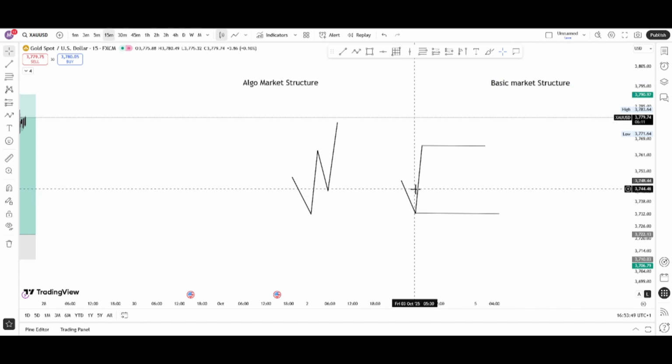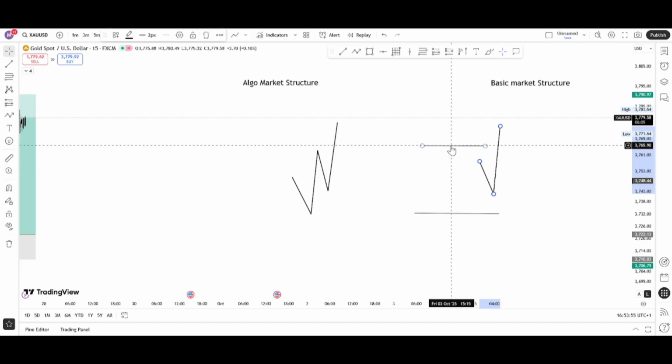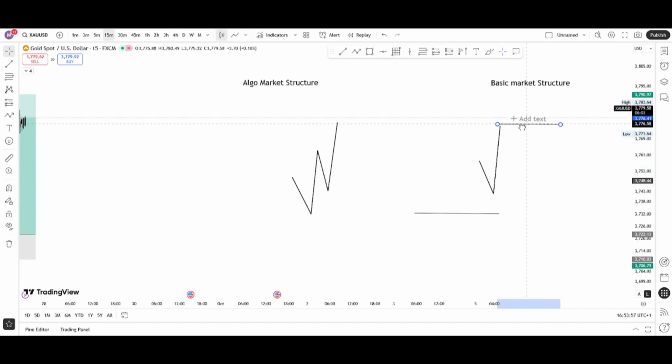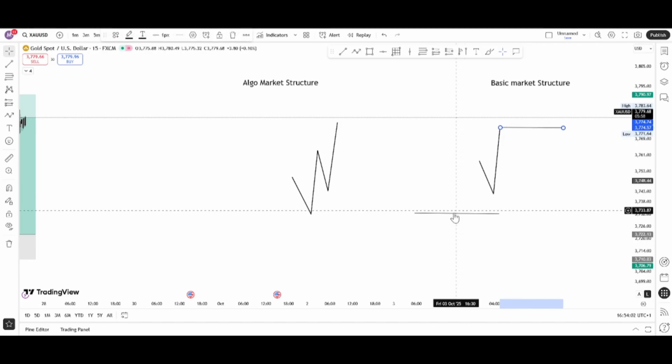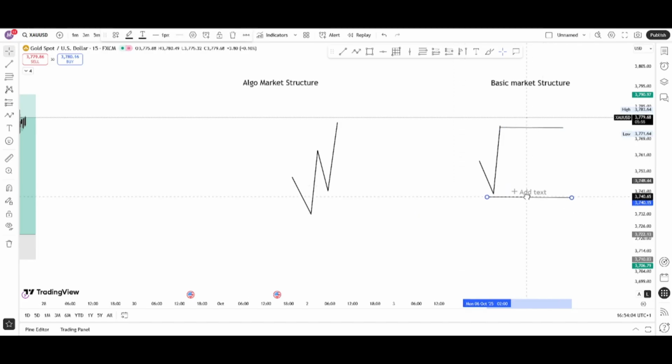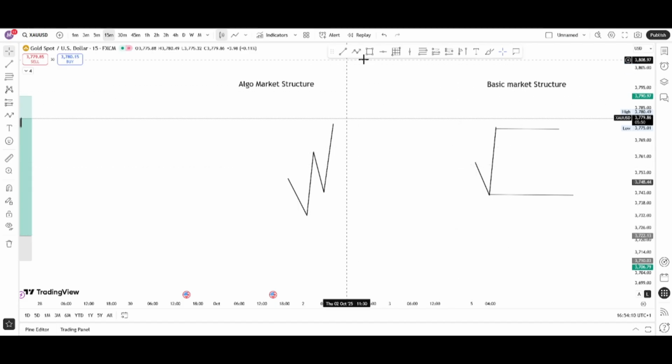Alright, so the difference between algo market structure and basic market structure, let's do this. For a basic market structure, it's telling you that we have this high and this low, to look out for.